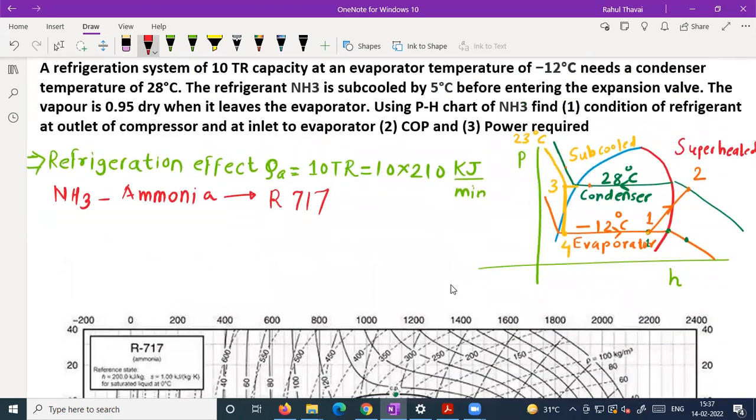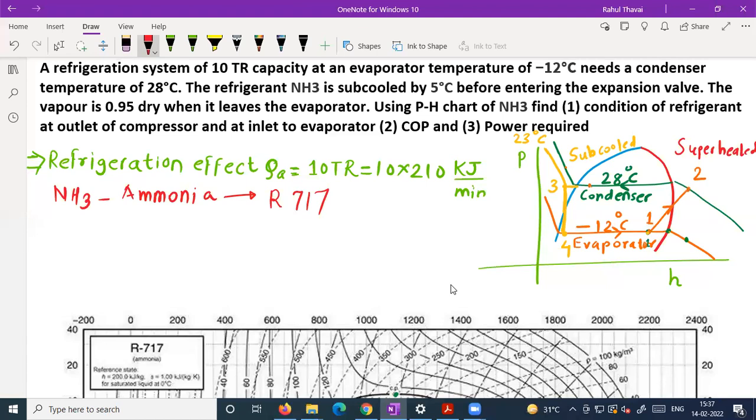When you talk about point number 1, try to understand. At point number 1, we know the temperature: -12. At point number 2, the temperature is 28. At point number 3, they have given 23 degrees Celsius.